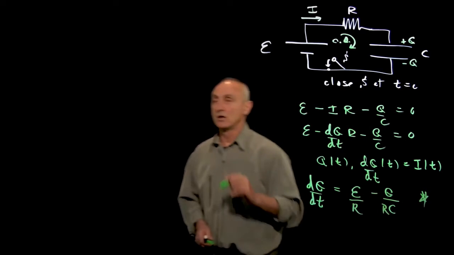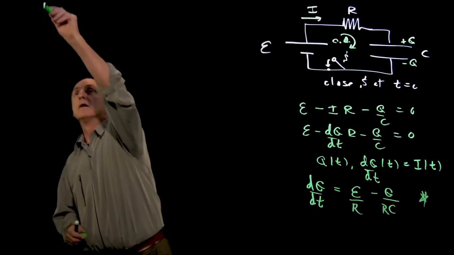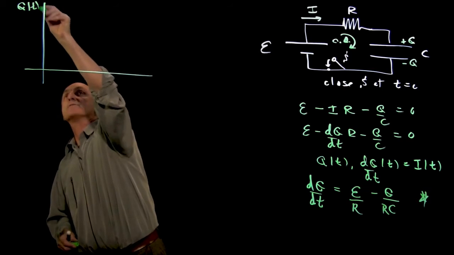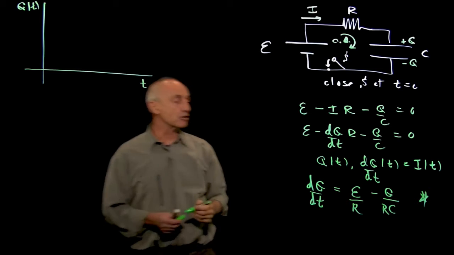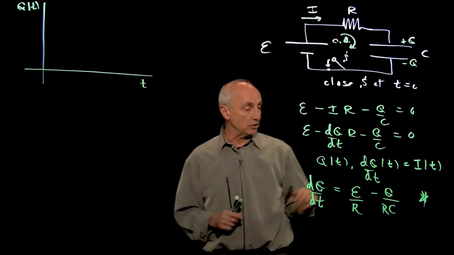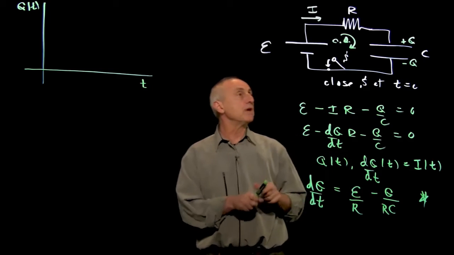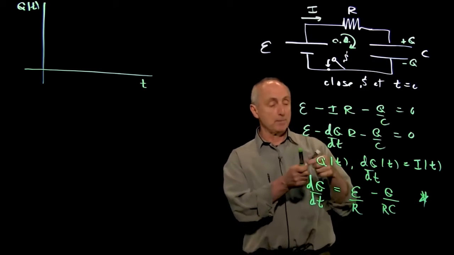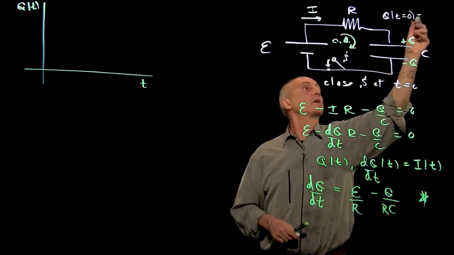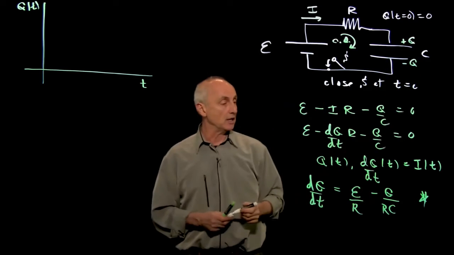Let's draw a plot of Q as a function of t and ask ourselves what happens without doing an analytic solution. The first thing is, what is the charge on the capacitor at t equals 0? Let's assume that the capacitor is uncharged.